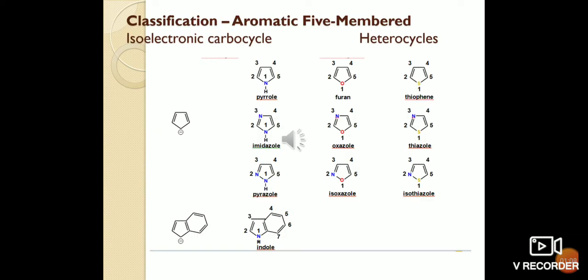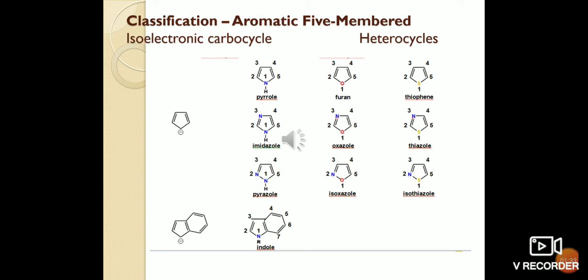The classification has been done depending on the number of members. The first is aromatic 5-membered rings. Isoelectronic carbocycle, which is on the left, and heterocycles, which are on the right.